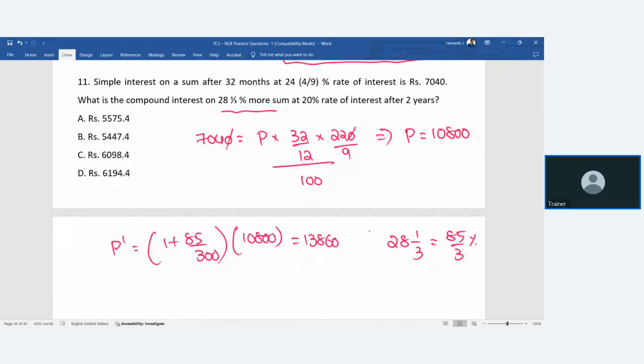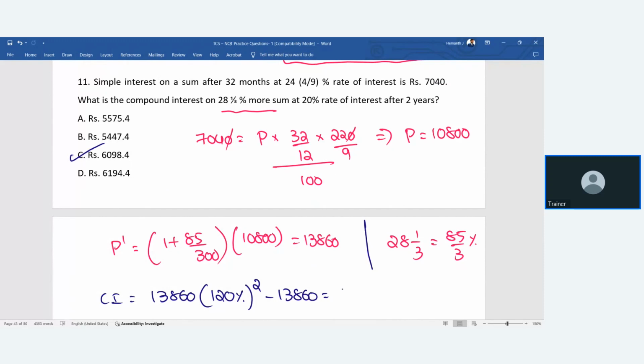So compound interest, okay, as a virtual calculator is allowed, I am writing 120% because of 20% interest. 2 years means whole square, minus this one you can remove. So 44% actually, 13,860 into 44%. 44% means 0.44 will give the answer directly, 6098.4.